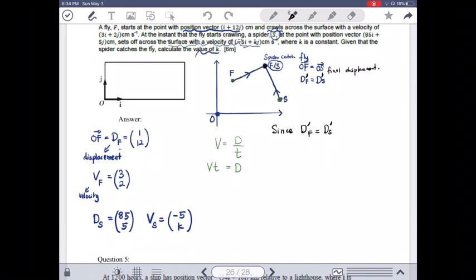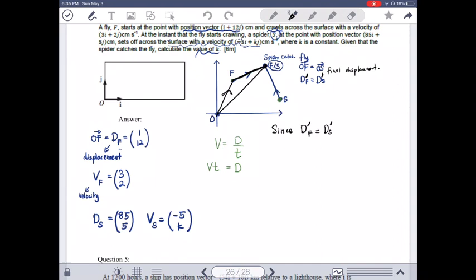Okay, so the final displacement of the fly is equal to the final displacement of the spider when the spider catches the fly. So from the triangle, we know that this final displacement in terms of the fly is just equal to OF plus that.